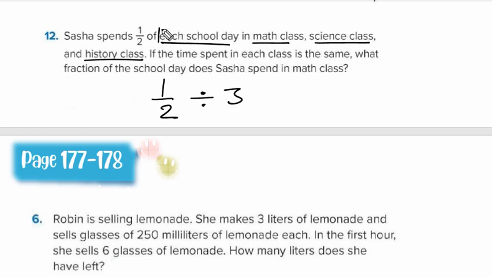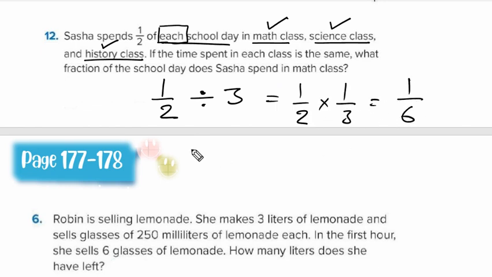And as I've said, when you see this word each, you will use divide. How many classes? Math class, science class and history class. If the time spent in each class is the same, what fraction of a school day does Sasha spend in math class? So we solve this times 1 over 3, 1 over 6.